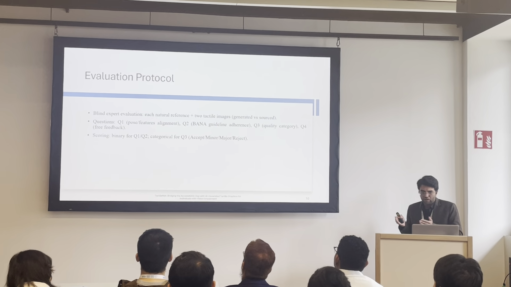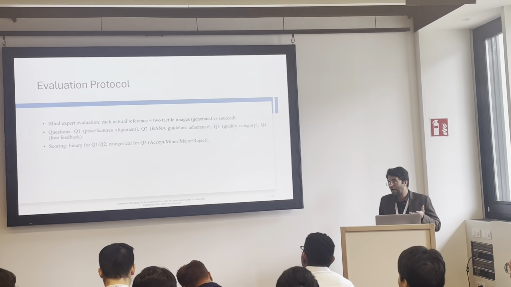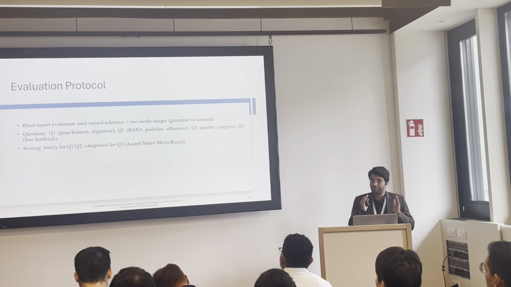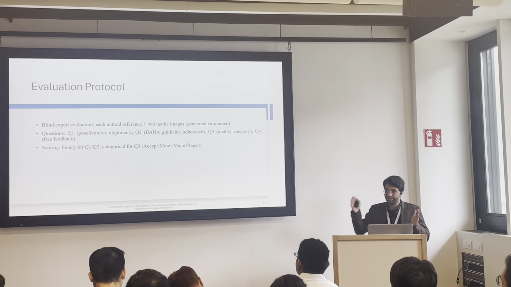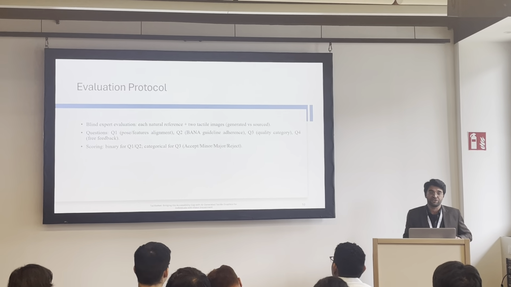An expert was asked to basically rate these images based on the questions: how does it align related to its pose and features? So given a natural image, how does a source image and a generated image align with the given natural image? And the expert was blind to knowing which one is source or which one is generated.